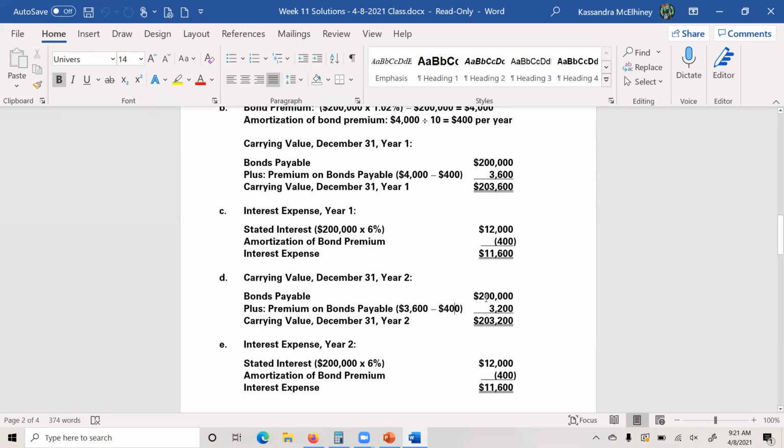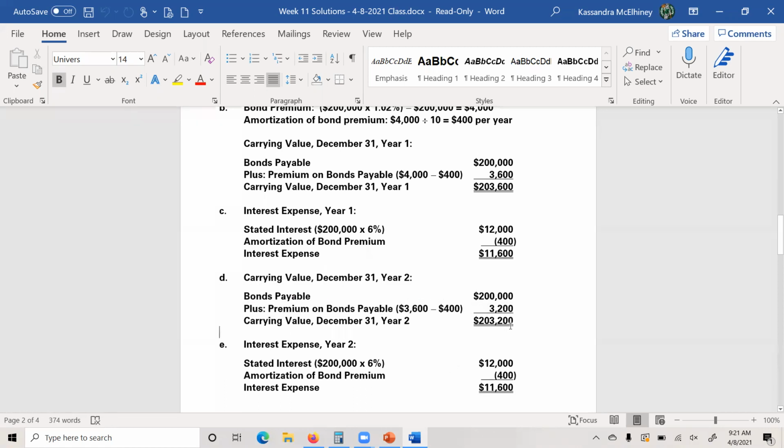So at 12/31 year 2, our premium on bonds payable, we would have started out with the balance in that account at $3,600. What was the balance at December 31st year 1? And we would amortize another $400 worth of bond premium in year 2.